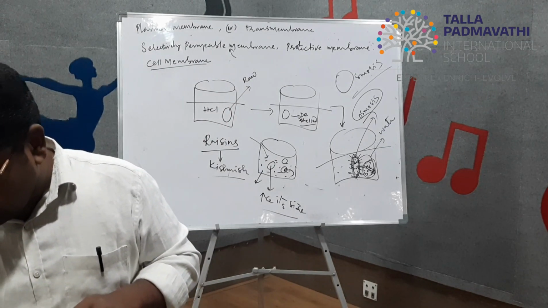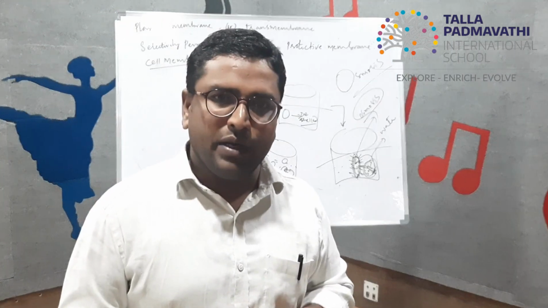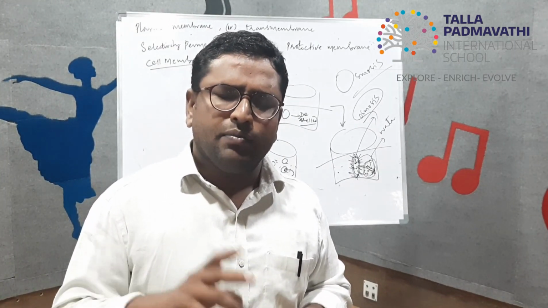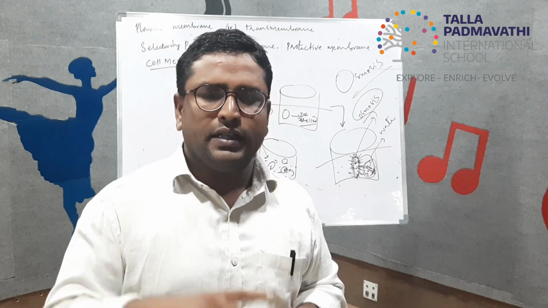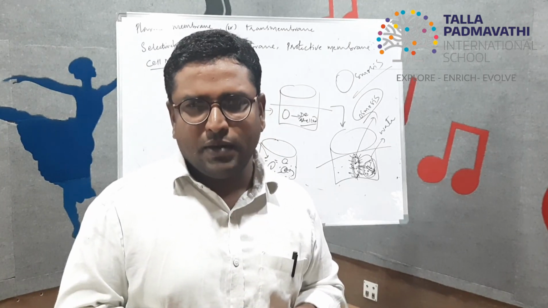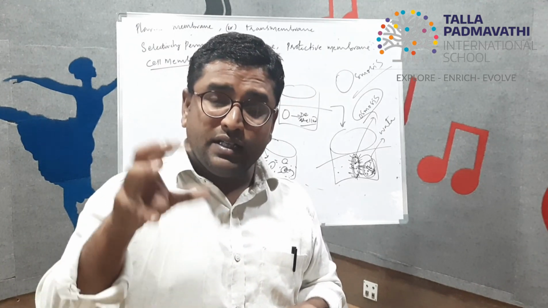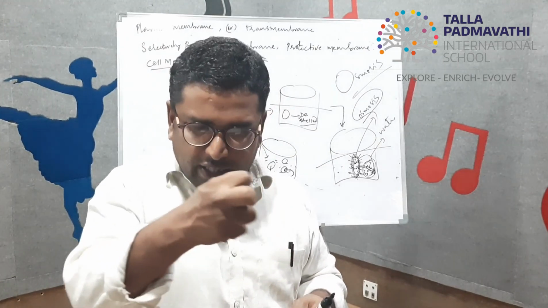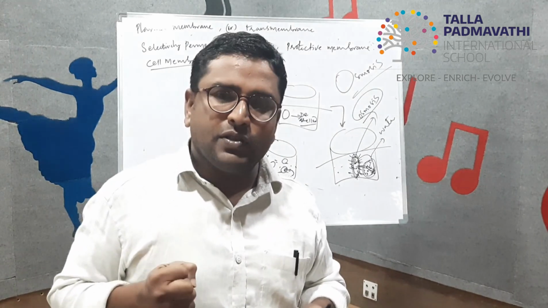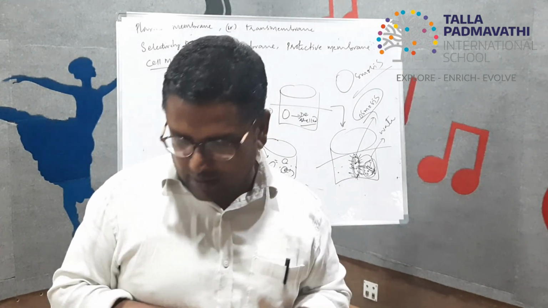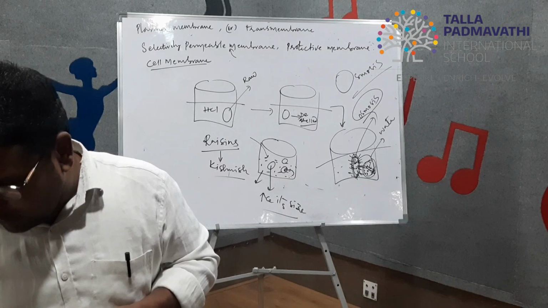If you see amoeba and paramecium, their cell is also made up of plasma membrane. That plasma membrane in such organisms helps to take the food inside. That process is called endocytosis.